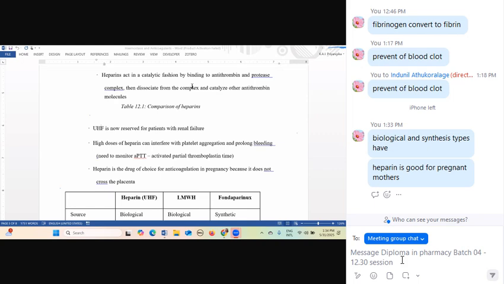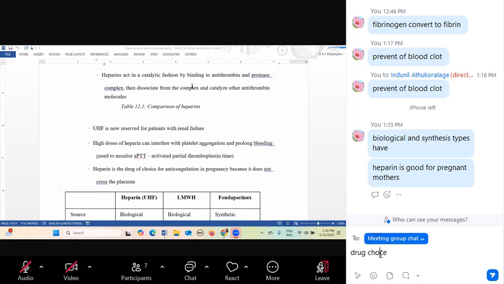When you say heparin is good for pregnant mothers, it sounds like when someone gets pregnant, we should give heparin. Is that what you mean? You all have to speak up, please.